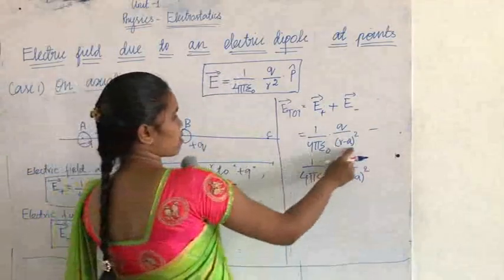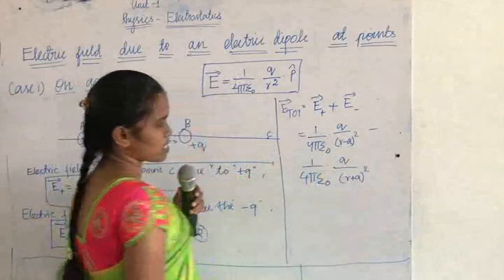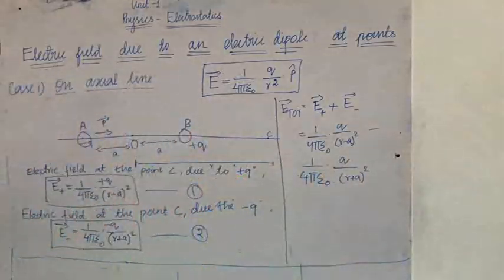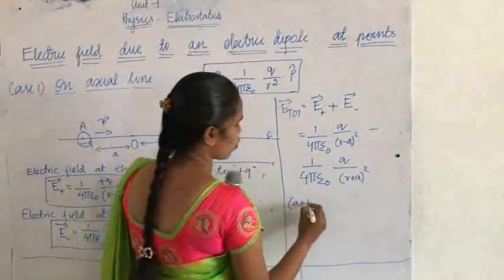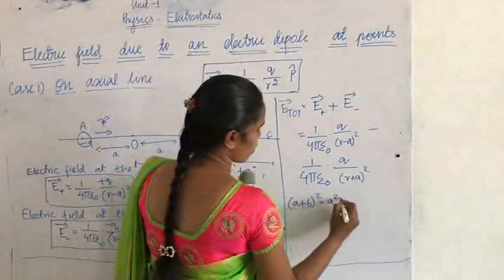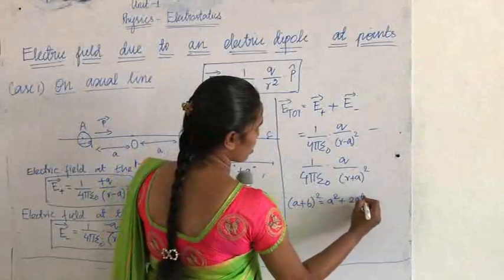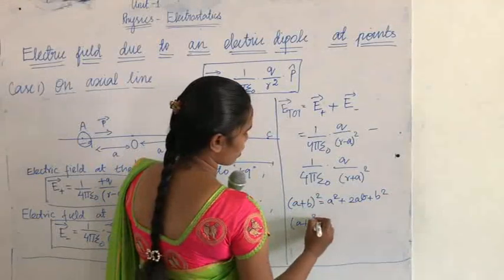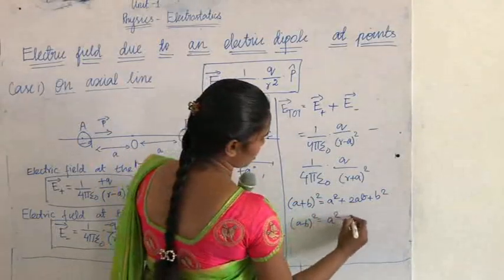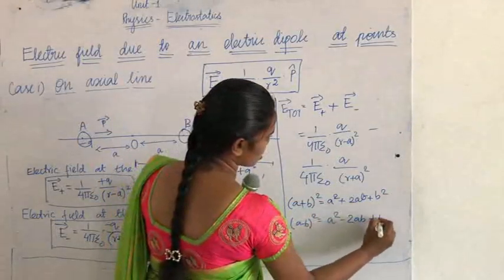For solving r minus a the whole square and r plus a the whole square, we have to apply a formula: a plus b the whole square equals a square plus 2ab plus b square, and a minus b the whole square equals a square minus 2ab plus b square.